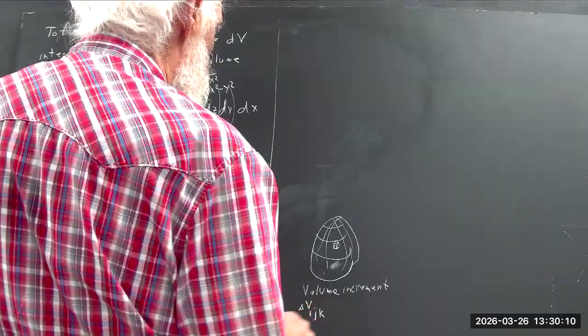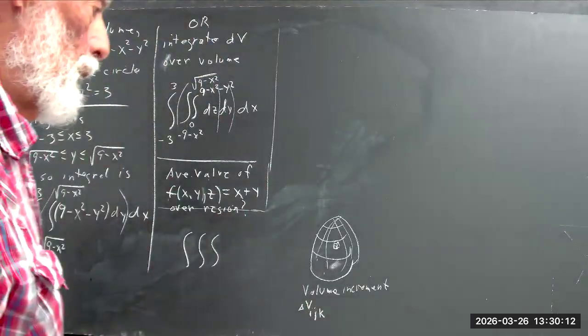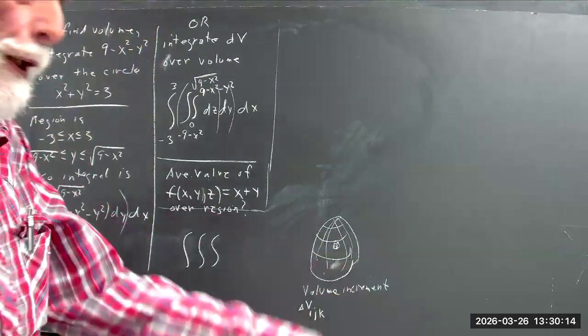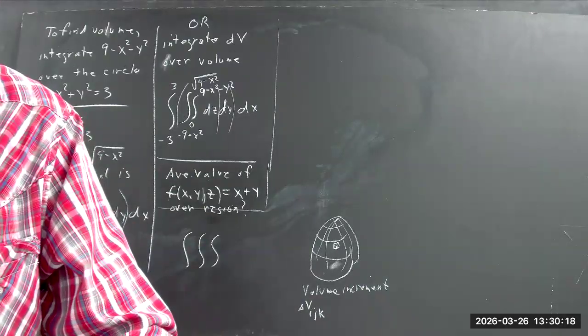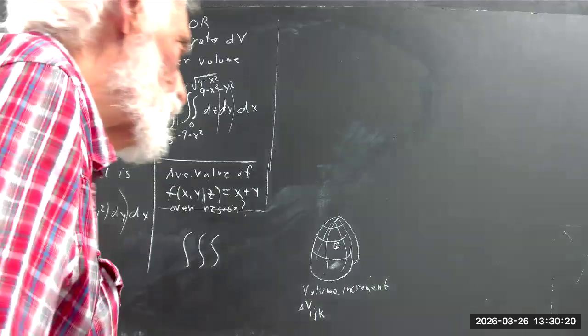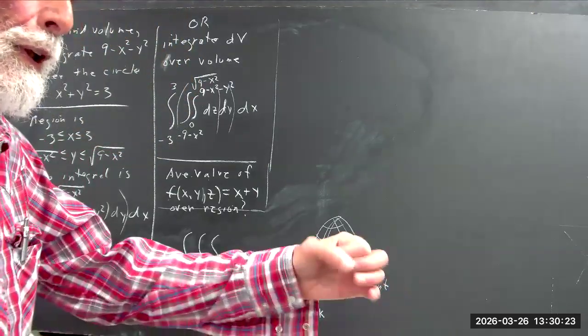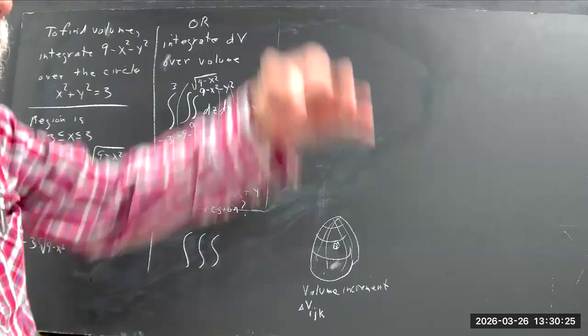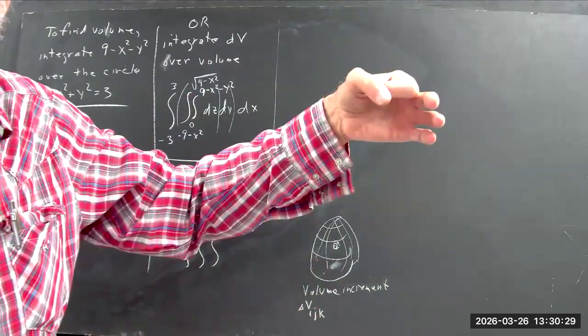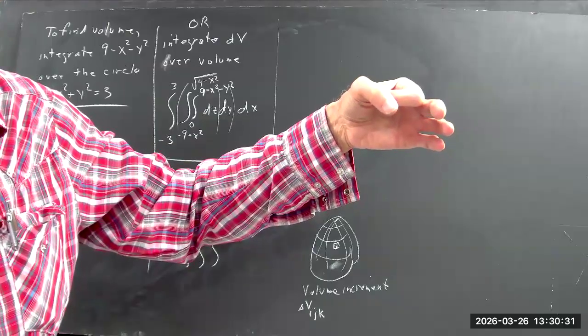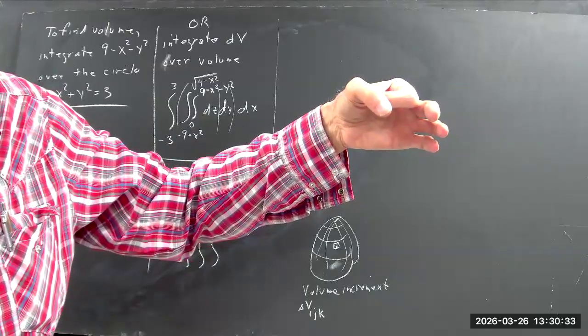It's delta V ijk. You partition the circle down here, and you get an xi and a yj. You then partition the rectangular column above that increment all the way up to 9 minus xi squared minus yj squared.